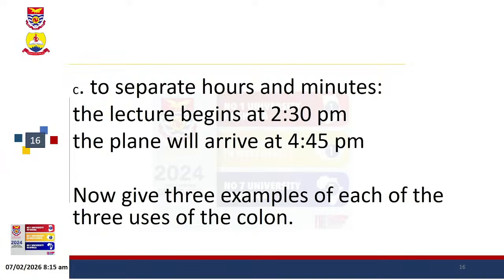The plane will arrive at 4:45 p.m. 4 hours and then 45 minutes exactly. Now try and then give some examples of each of the three uses of the colon, and let's see how you are faring so far. Are you able to do that?